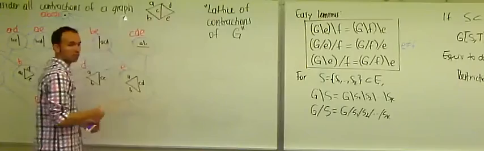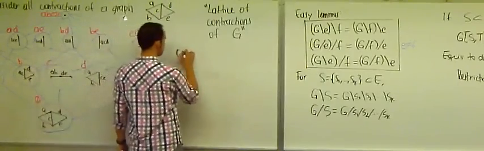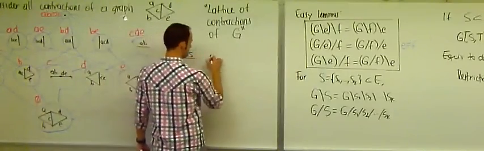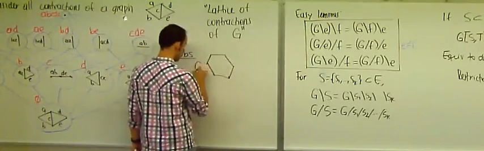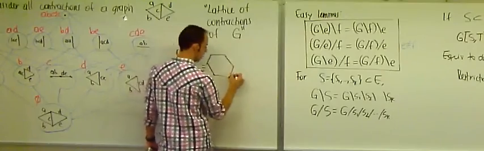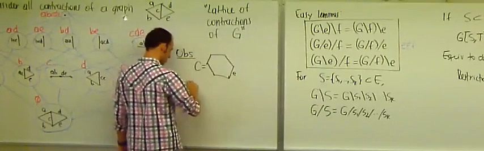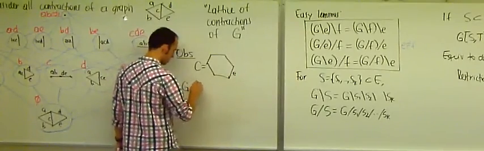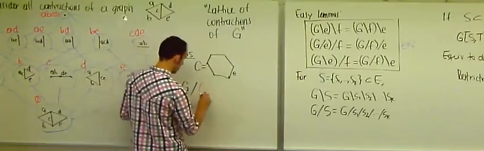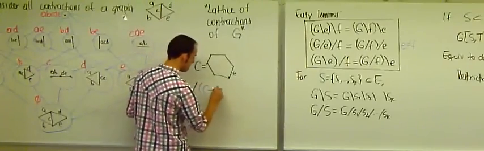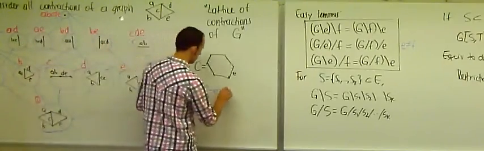Okay? And that's a general observation. So here's an observation. If you have a cycle in the graph, and if you have an edge E of that cycle, then if you take G and you contract all the edges of the cycle except for E, then what can we say about this?